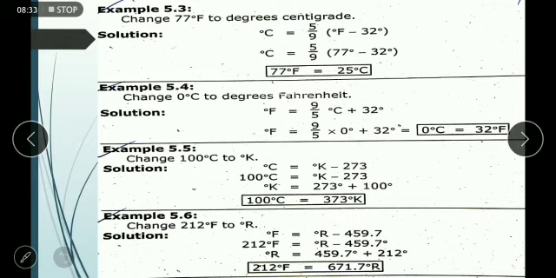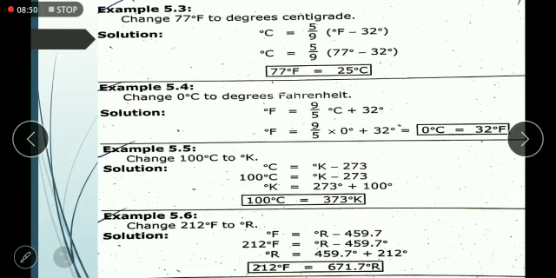After putting in values, 212 degrees Fahrenheit is equal to degree Rankine minus 459.7 degrees. After finding the answer, 212 degrees Fahrenheit is equal to 671.7 degrees Rankine.